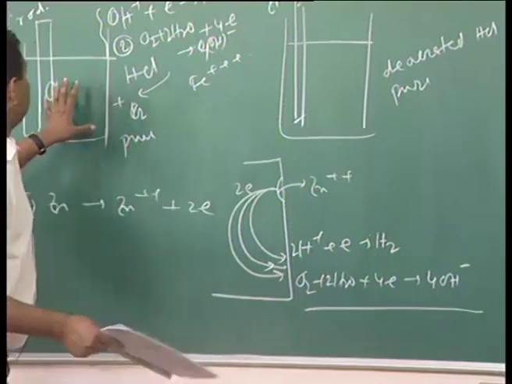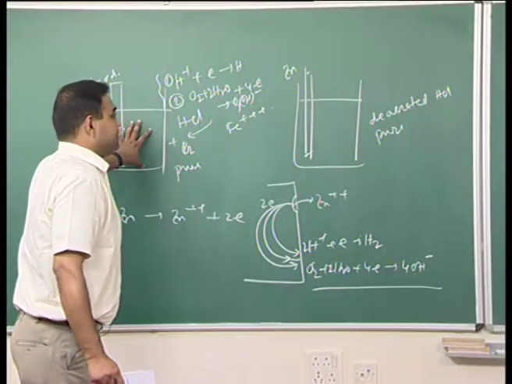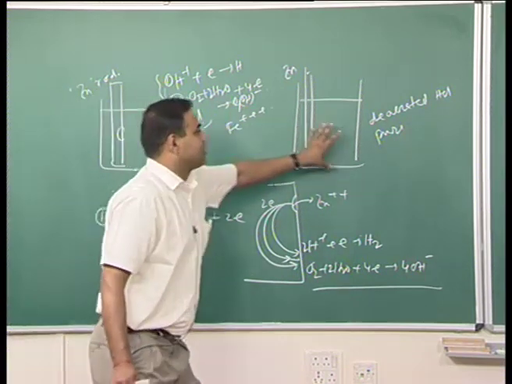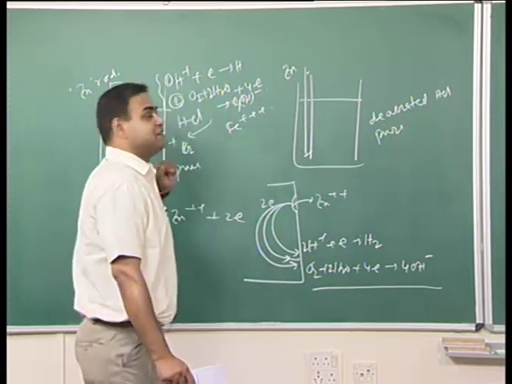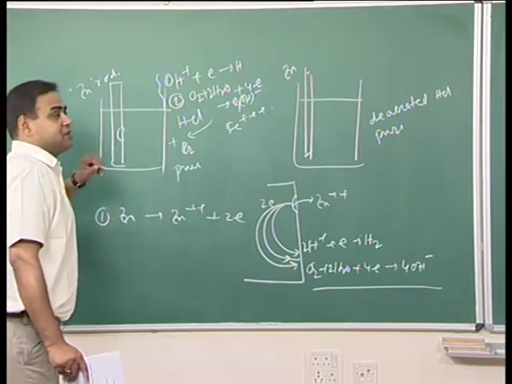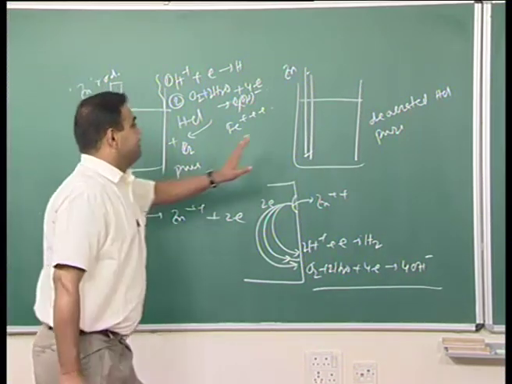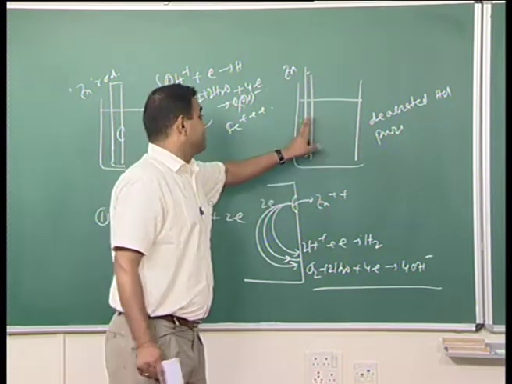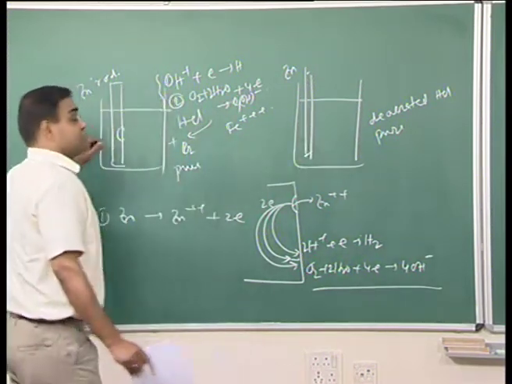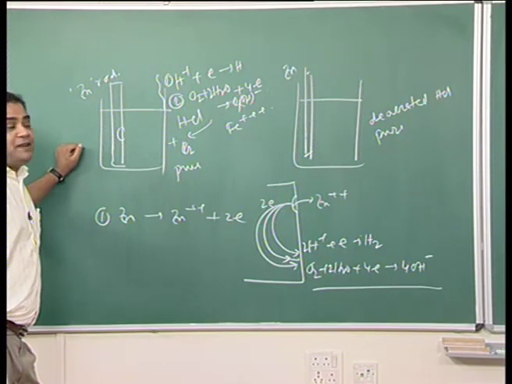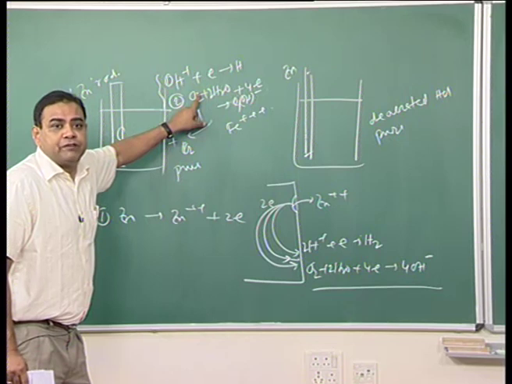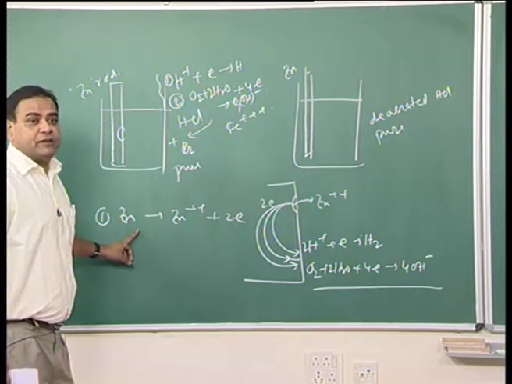So, now you see, now if you keep it for the same time duration, let us say 1 month also you have kept it, this one also 1 month, you will see the difference in the situation would be, here the loss of material would be large, would be more, here the loss of material would be less. So, here the corrosion is less, here the corrosion is more. Fine, because we have more number of cathodic reactions and the anodic reaction is 1.